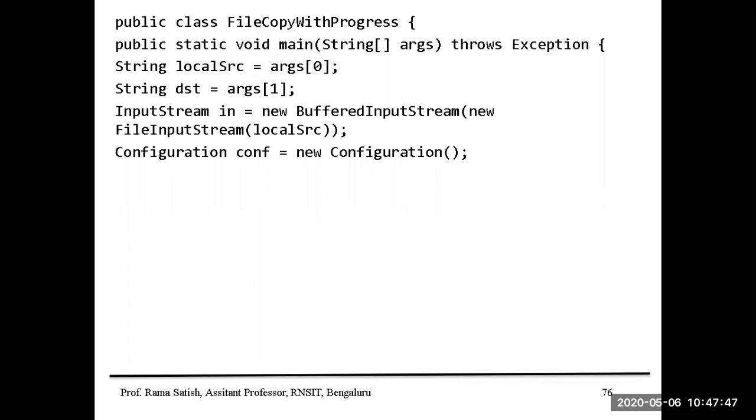The same entry has to be made in the name node. This configuration is a built-in Hadoop configuration method that returns the entire configuration of the file operation.